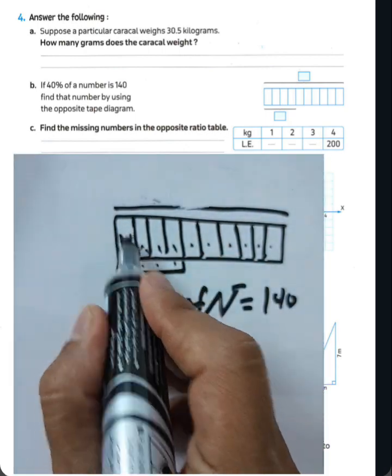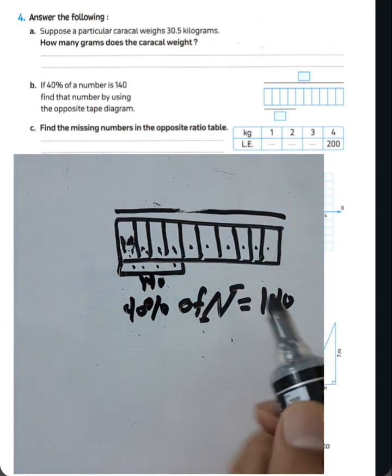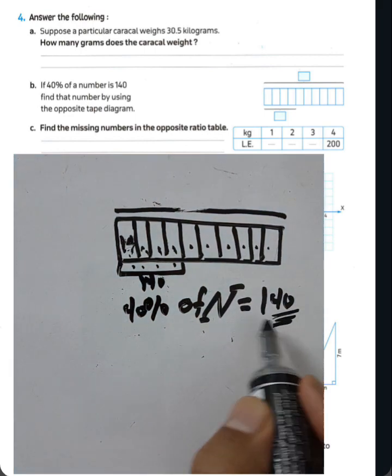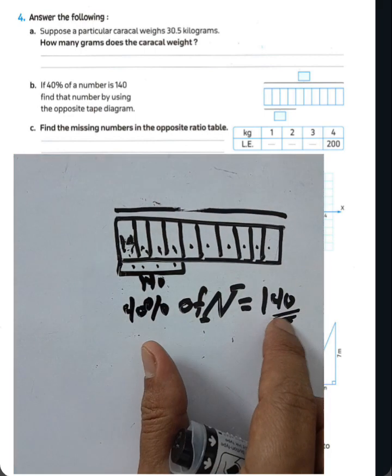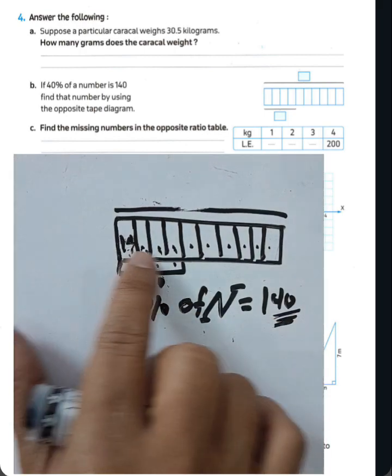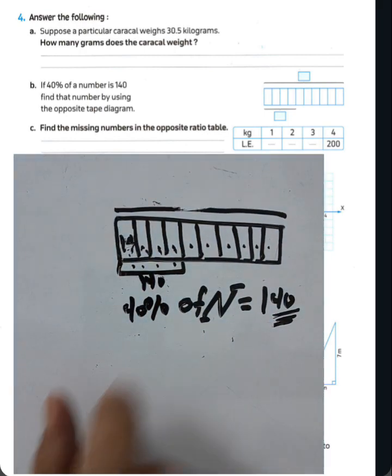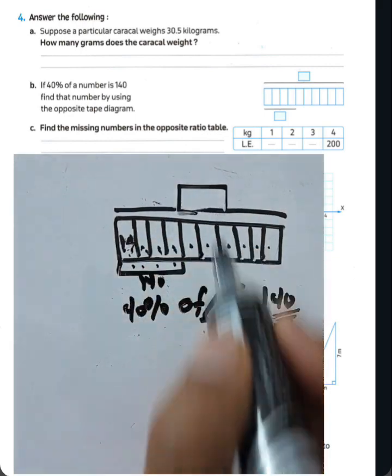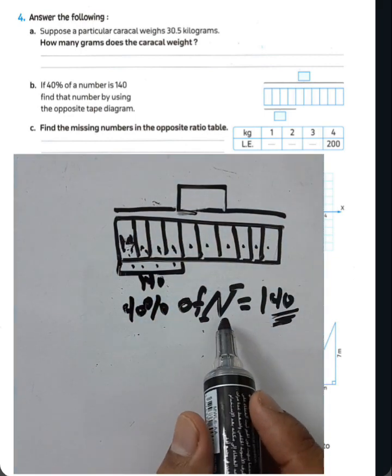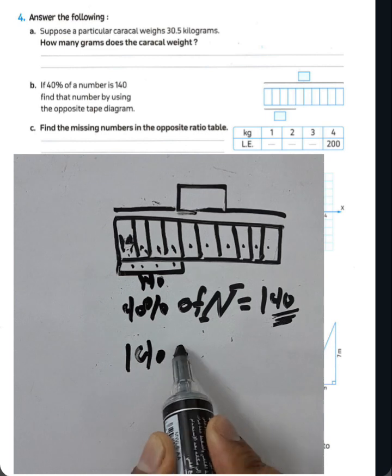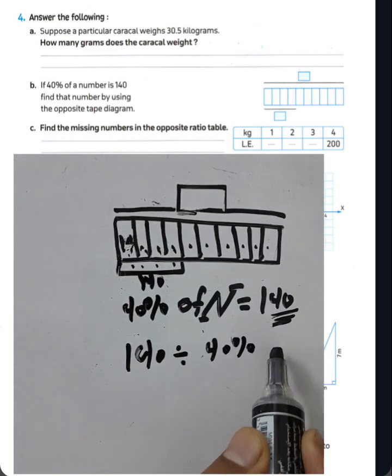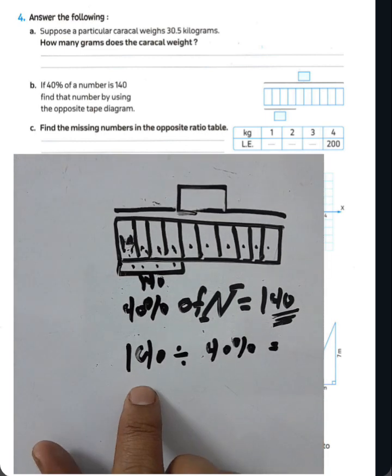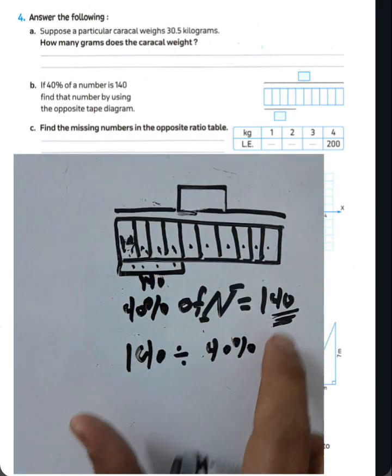Then we can write here 140 refers to what? 140 refers to 40%. Then we can find this number by writing what? To find the number, you must write 140 divided by 40%. Write the part here divided by the percent.